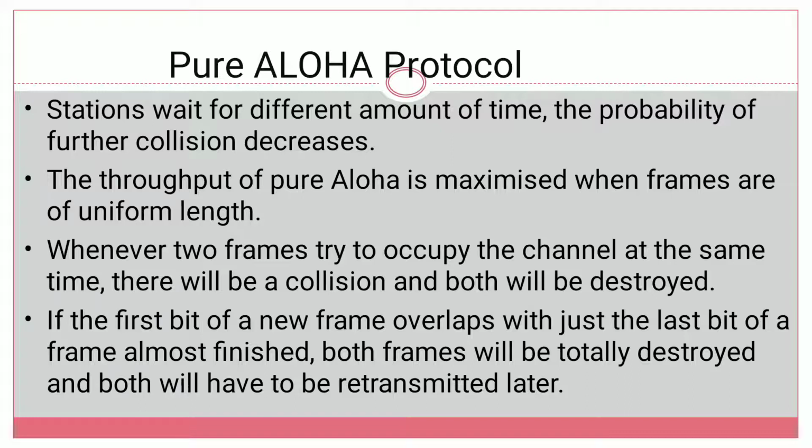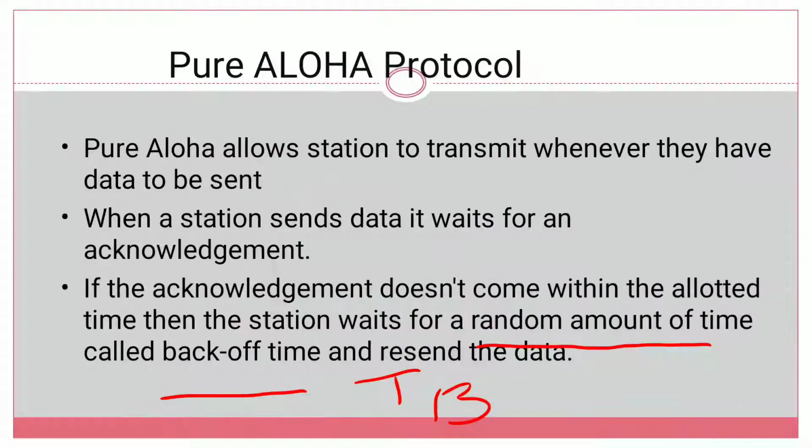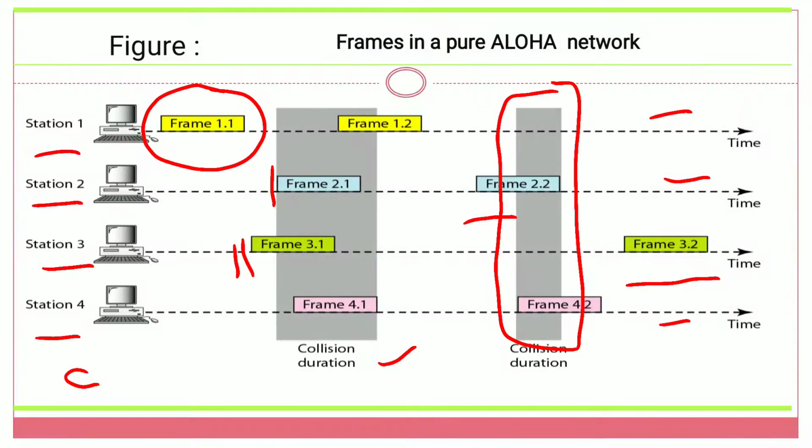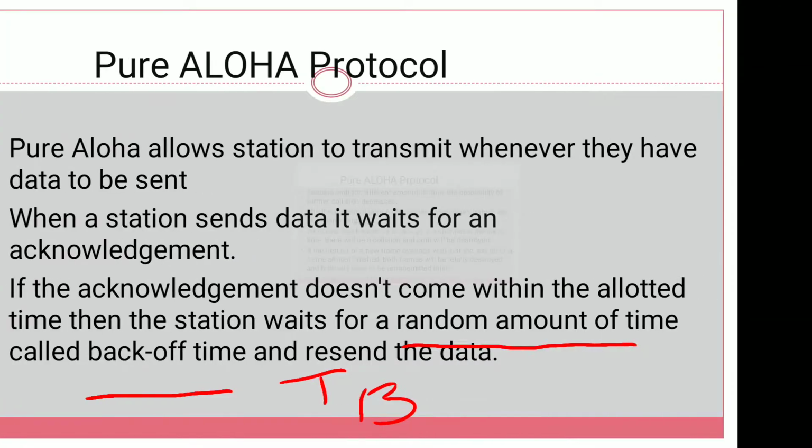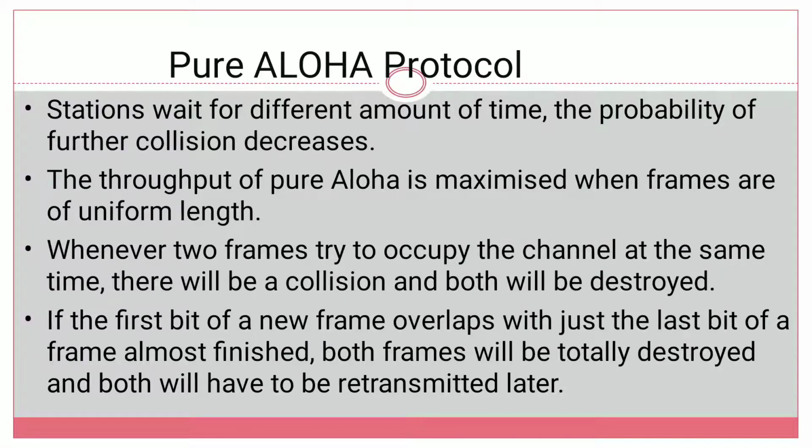We already discussed this, and we saw in the diagram frames 2.1, 3.1, 4.1 and 1.2. When two or more frames overlap, meaning they occupy the same channel at the same time, it leads to a collision. Both will be destroyed, or corrupted.